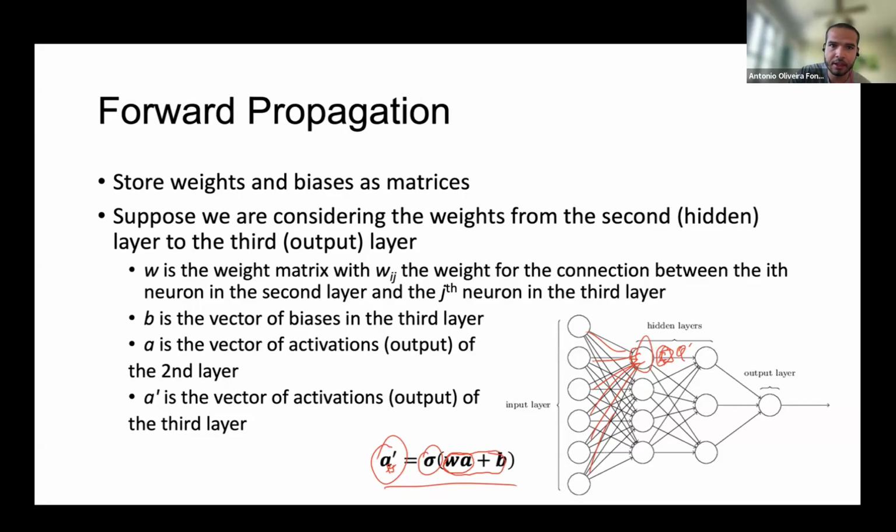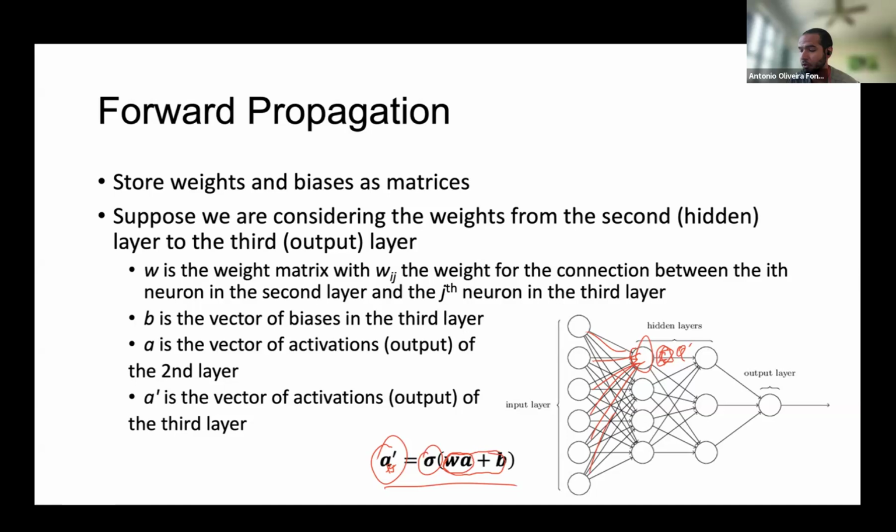Yes, I have a question. You mentioned the matrix. It seems like the suffix ij would be between two layers, right? So if you have 3 layers, that means there will be 2 Ws.